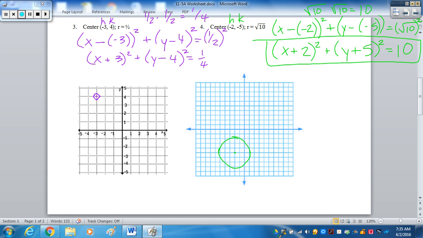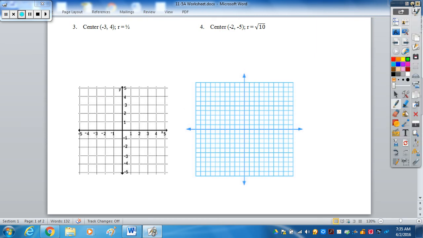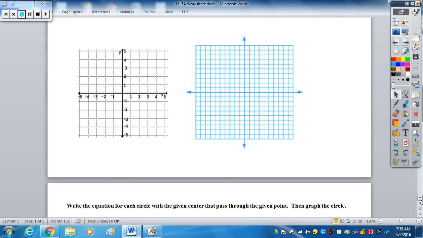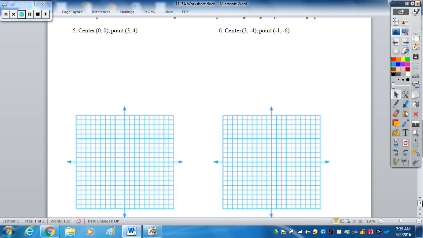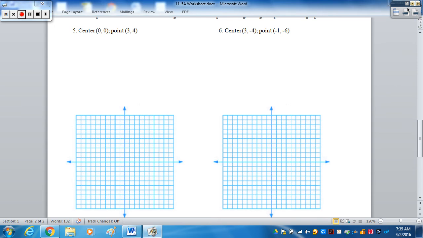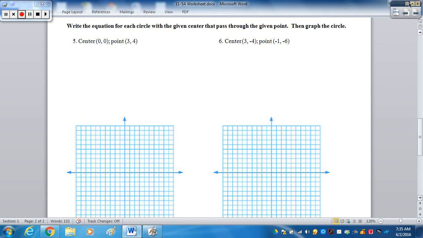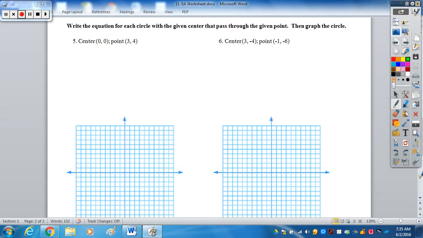Okay? All right, now, looking at the back side, let's take a look there. What is the difference from the front side to the back side? Well, on the front side, we were actually given the radius. On the back side, we're not given it, but we are given the center point.